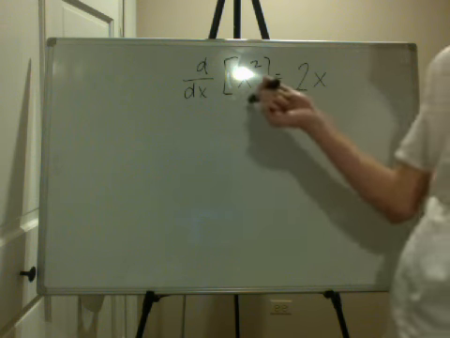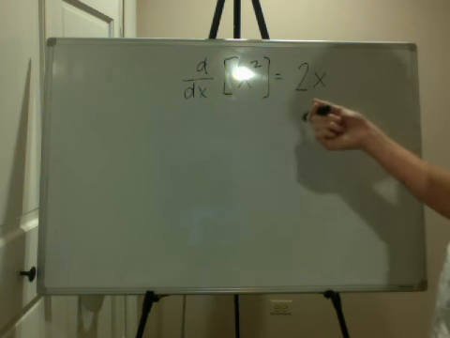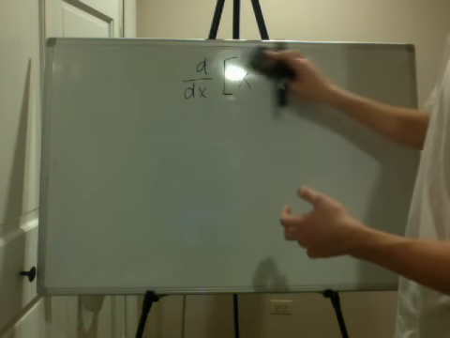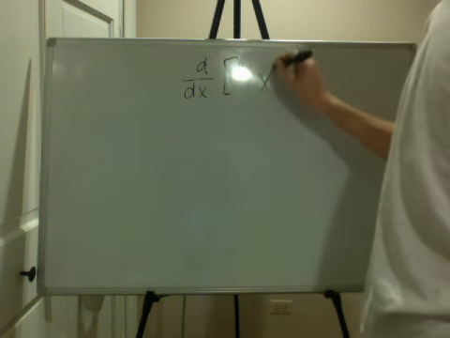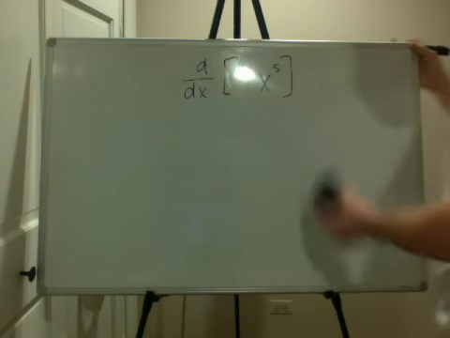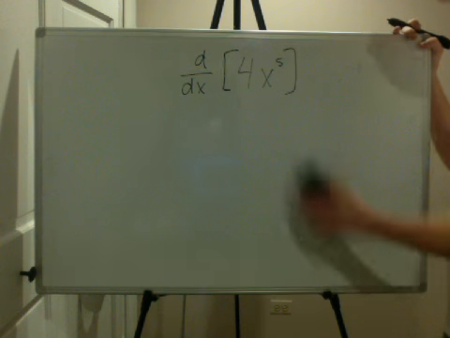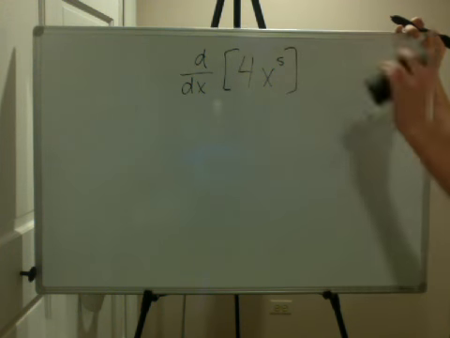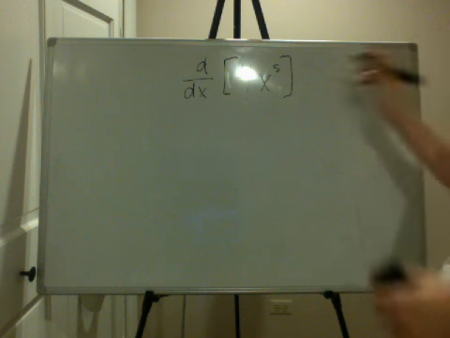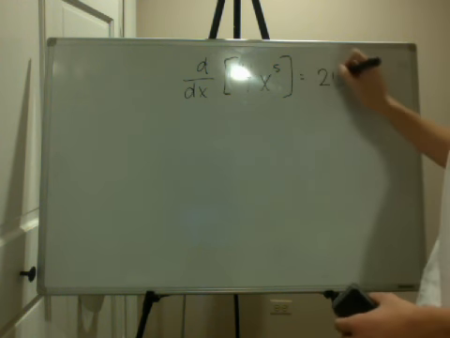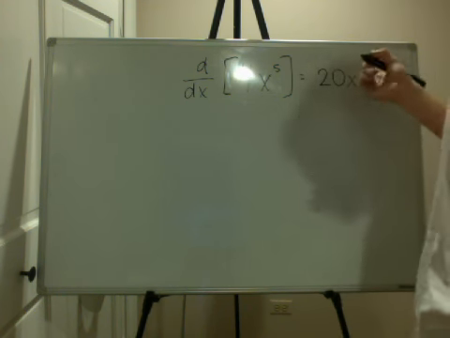So therefore, the derivative of x squared is just 2x. Okay? So the derivative of 4x to the 5th: the coefficient in the front doesn't affect anything, so you would just pull down that 5 and multiply by the 4, so it would be 20x, and then 5 minus 1, which is just 4.